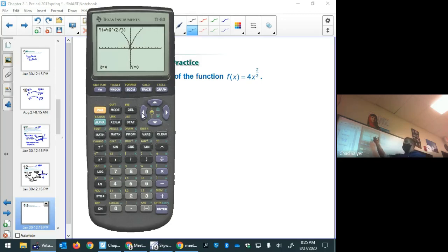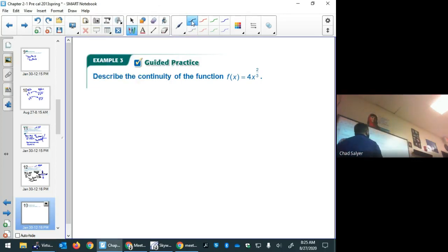But this sharp point is really unusual behavior, and it does cause some problems with other mathematical operations. But as far as continuity goes, it is continuous. And the reason why is I could graph it without picking my pencil up. So that was a tricky graph to analyze.